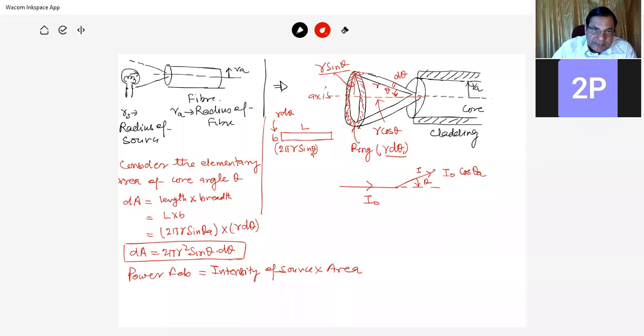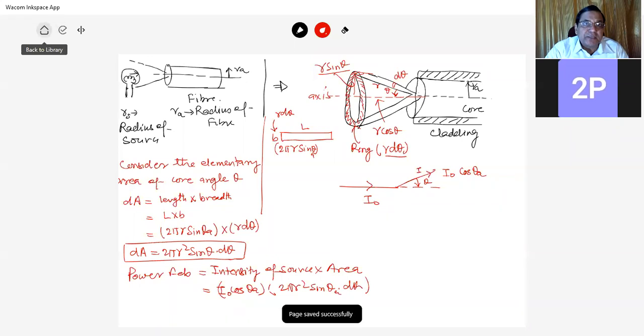So this is I0 cos theta A into 2 pi r square sin theta into d theta. Sin theta into d theta is the power fed.